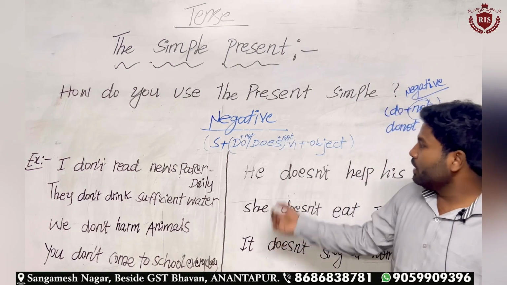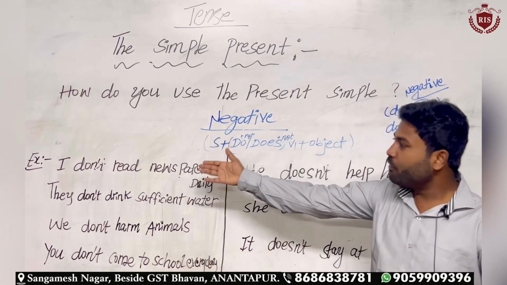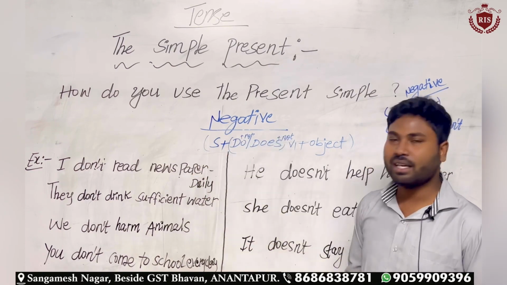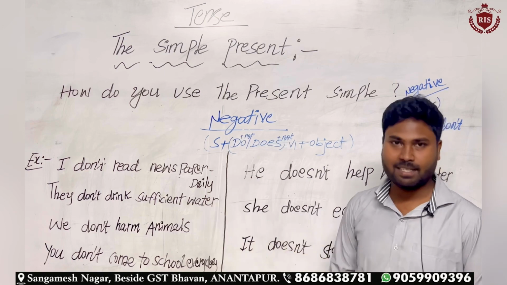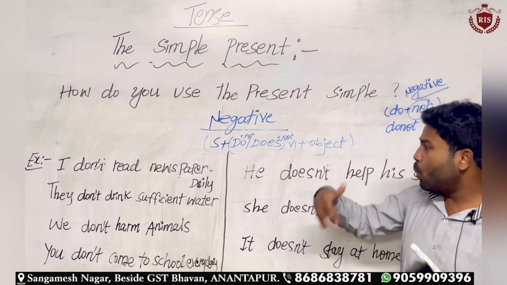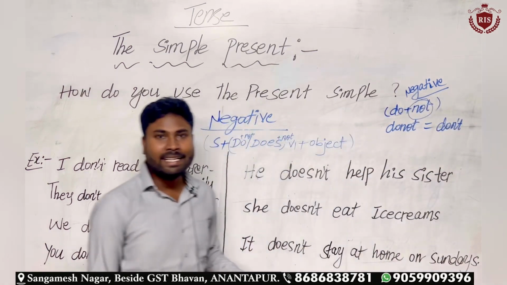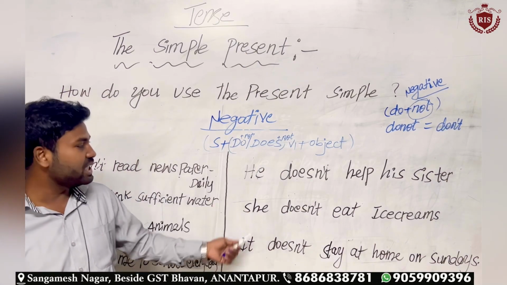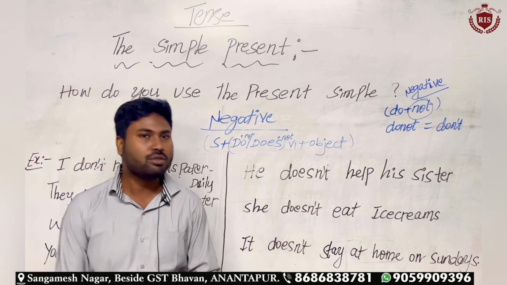Next, for the pronouns I, they, we, you, we have taken the contractive form don't in the negative sentences, right? Now what if we deal with the pronouns he, she, it? If we deal with the pronouns he, she, it, what contractive form do we have to take?